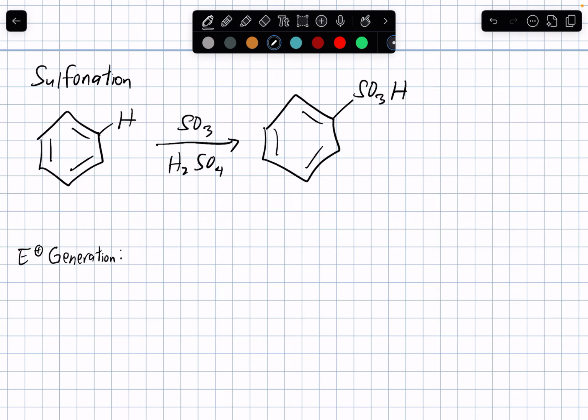So for electrophile generation, this is going to be memorable. Kinda looks goofy. I hope that helps you remember. SO3 is written this way. And again, OSO3H. That is how you write sulfuric acid.